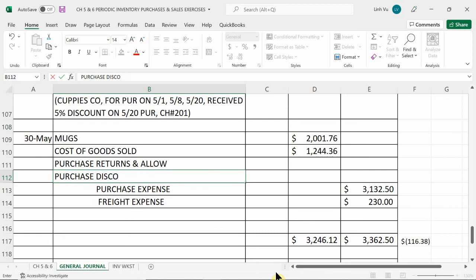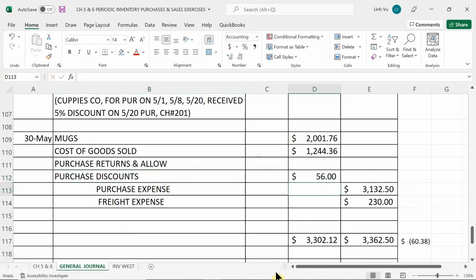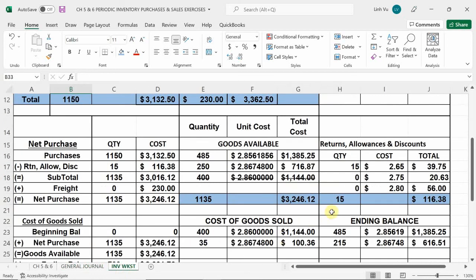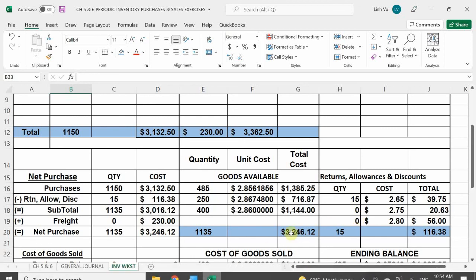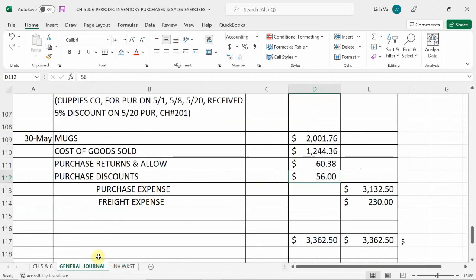Since we already know what the purchase discount was, it was $56. Therefore, my remaining amount is $60.38, which we could solve for by going to our inventory worksheet, to see which amounts are actually my returns and allowances versus my discounts. In this case, my return was $39.75 plus $20.63, which should give you your total of that 60 and 38 cents.